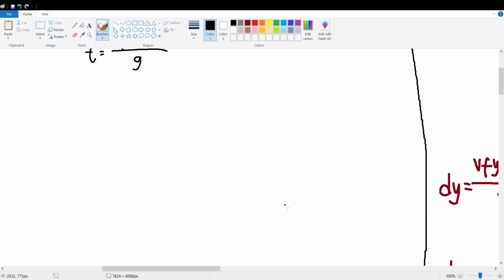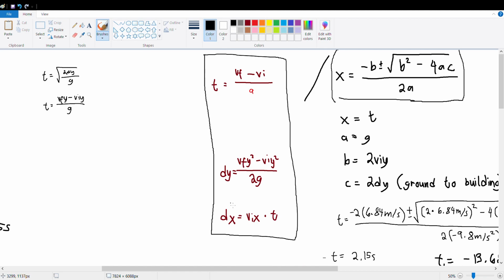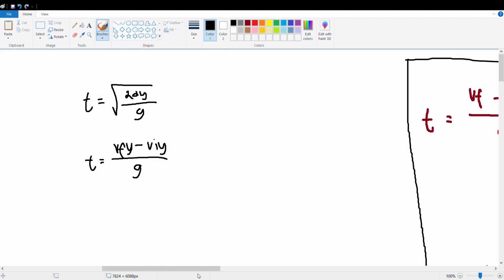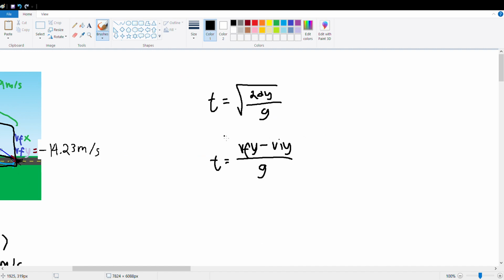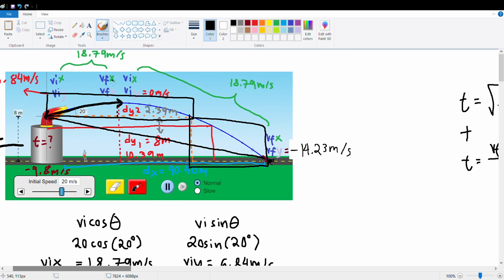Yeah, this one. And then you add both of these together to find the total time. That is pretty much it.